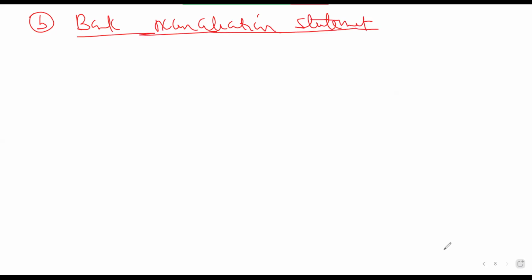Okay, let's go to the bank reconciliation statement now, which will be the B. So we have the bank reconciliation statement.